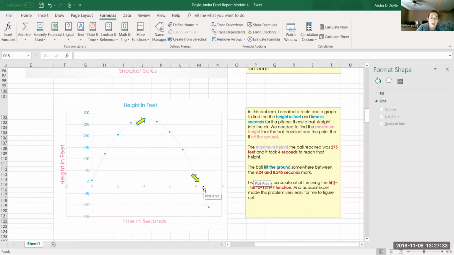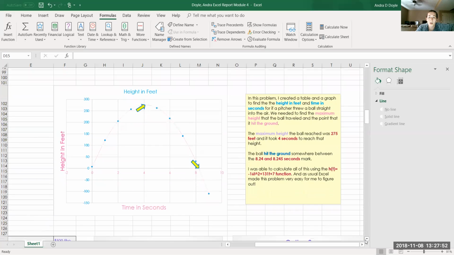The maximum height the ball reached was 275 feet, and that took 4 seconds for the ball to reach that height. The ball hit the ground somewhere between the 8.24 and 8.245 seconds mark.